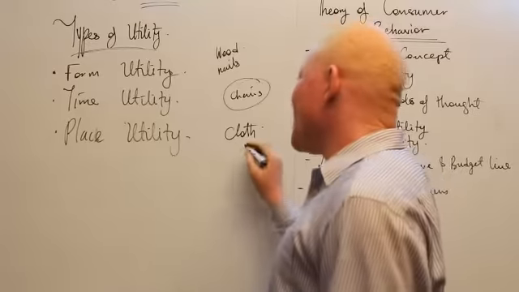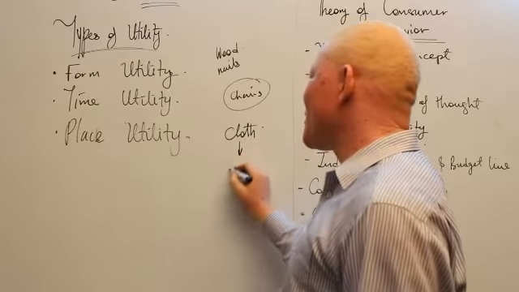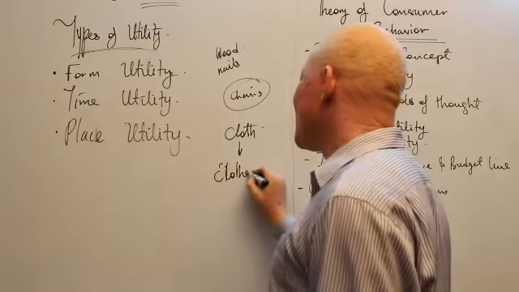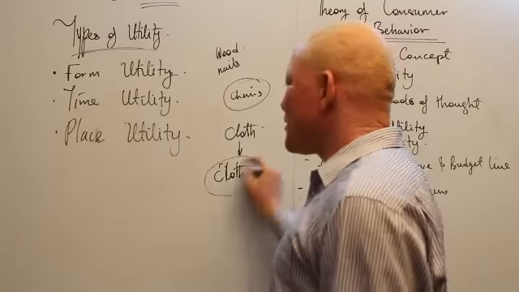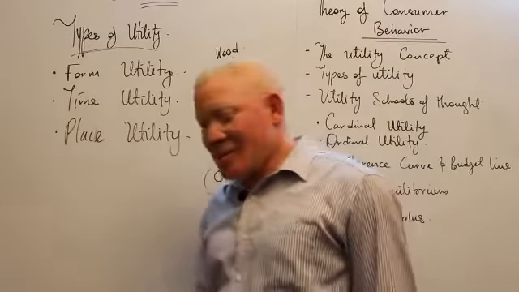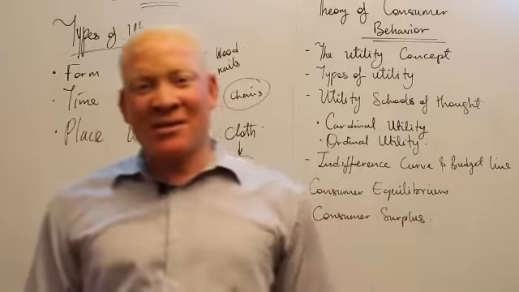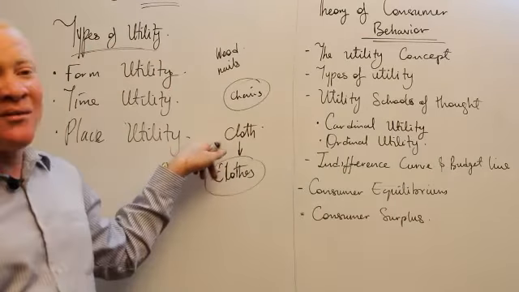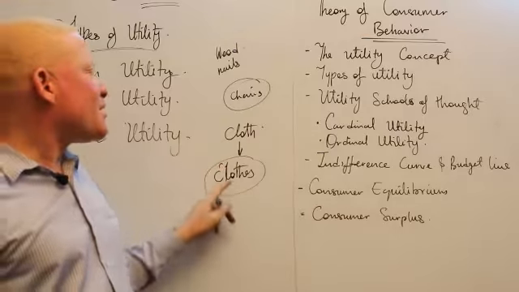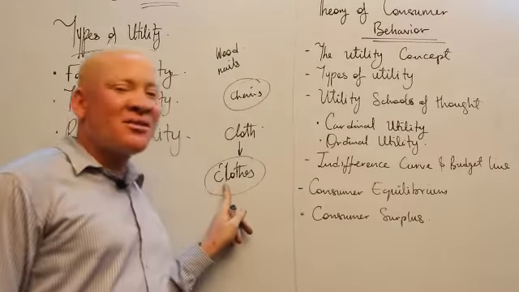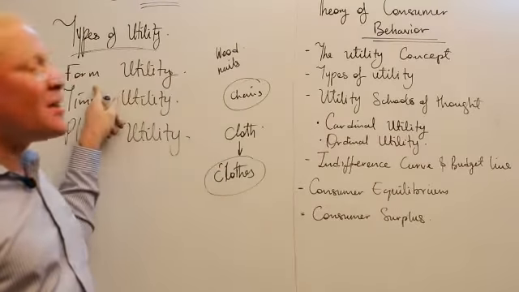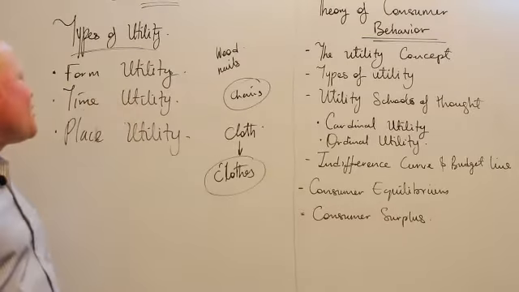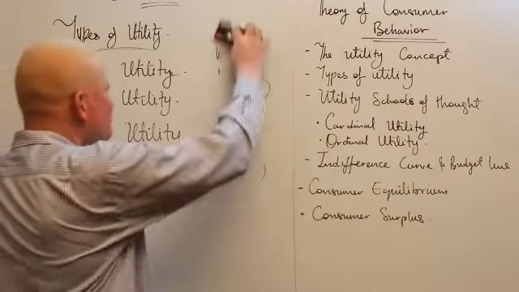But a tailor has to construct your cloth into clothes, into clothing, before the cloth actually yields satisfaction. So, in other words, changing the appearance of an item so that satisfaction can be derived is what is referred to as form utility.